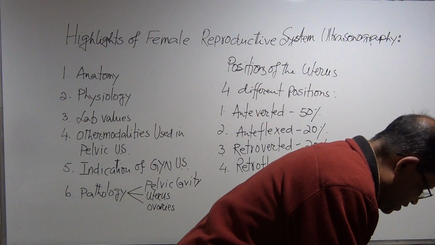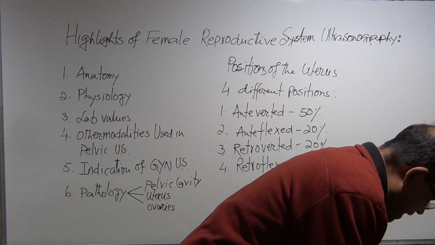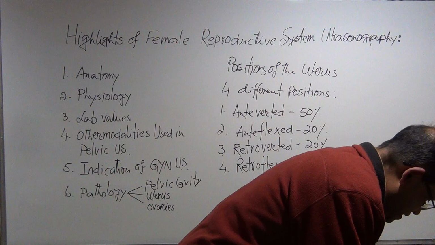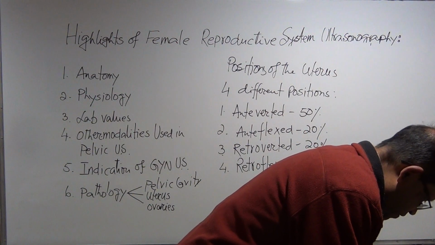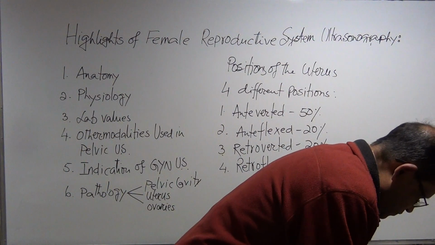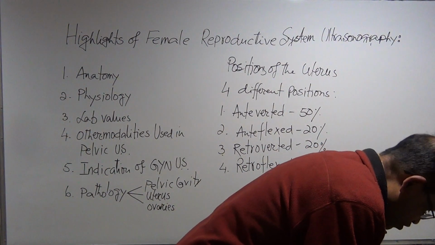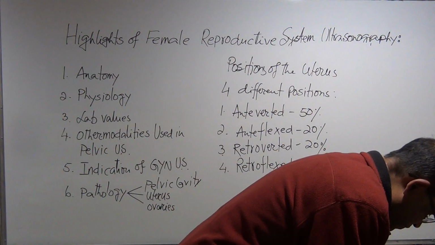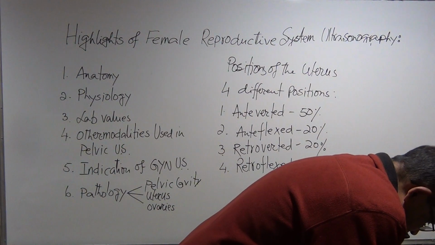In this position, you will see that if you draw a line from the cervix or through the body of the uterus and draw a line through the vagina, it makes 90-degree angle. I will draw it for you. So this is nice curved like a C, anteverted.